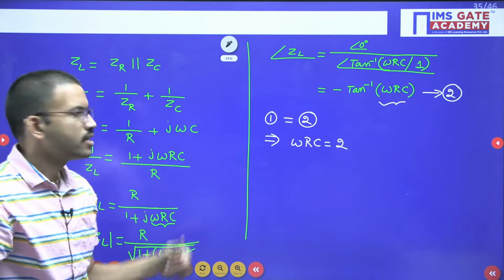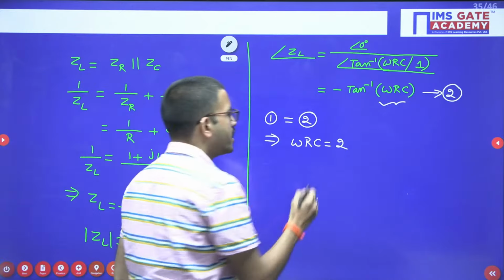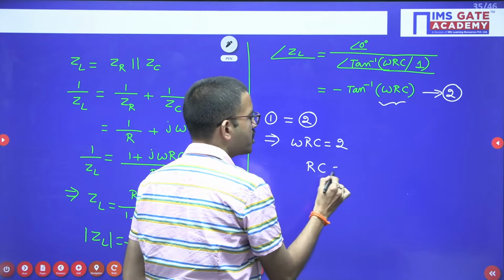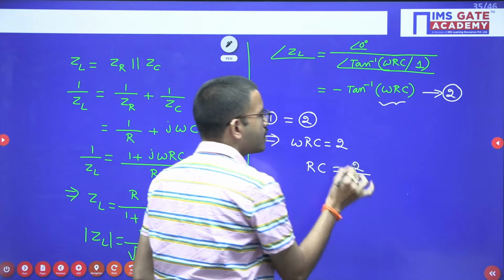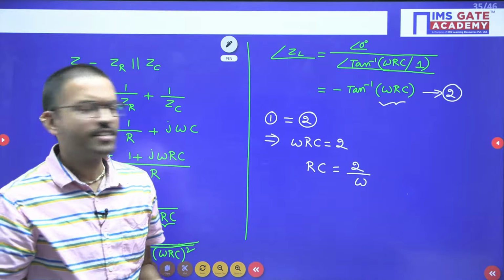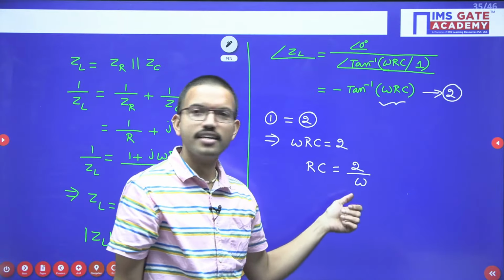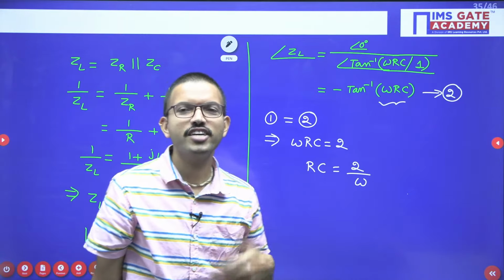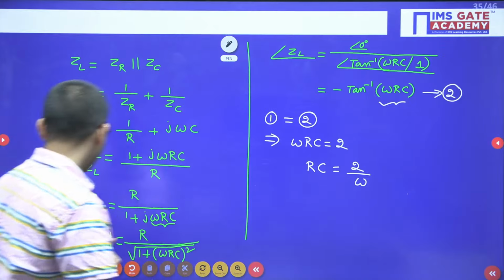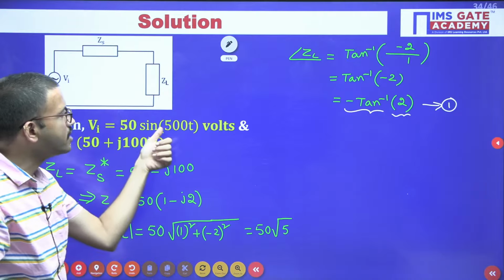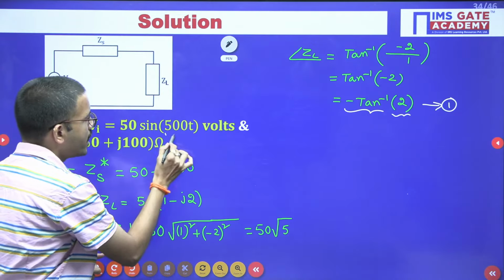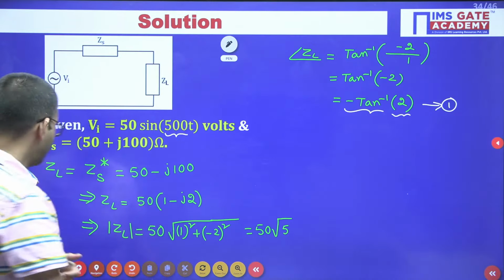Now in the question, we are asked to calculate the RC value, the product of R and C. That is nothing but 2 by omega. Now some of you might be wondering, sir, here we are getting the omega term on the right hand side, but where is the omega value given? See, the omega value is already given, yes or no? Here you have 50 sine 500t. So here 500 indicates omega only, right?